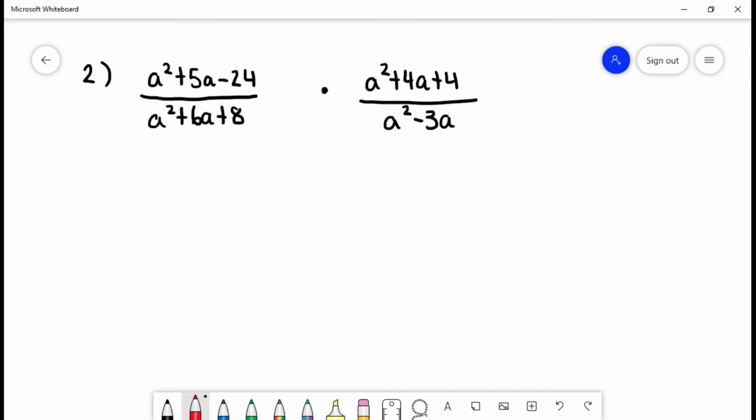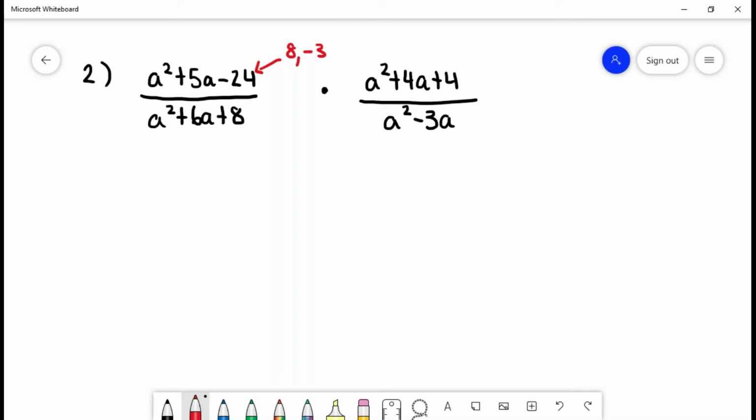So for our first polynomial in the fraction to the left on the numerator, we know that we have to get two numbers that when multiplied would give you negative 24, but when added would give you positive 5. And these two numbers are none other than 8 and negative 3. So these two numbers when multiplied would give you negative 24, but when added would give you positive 5.